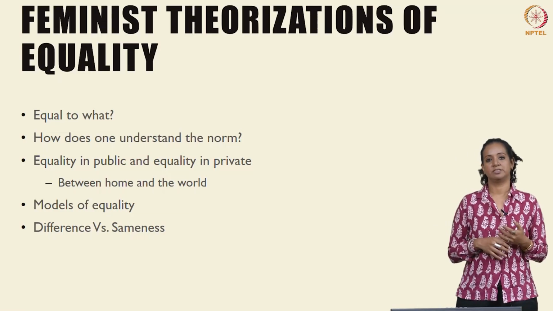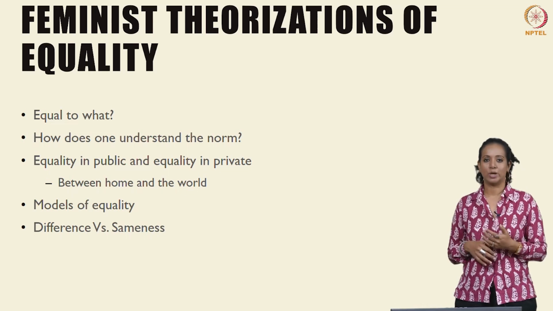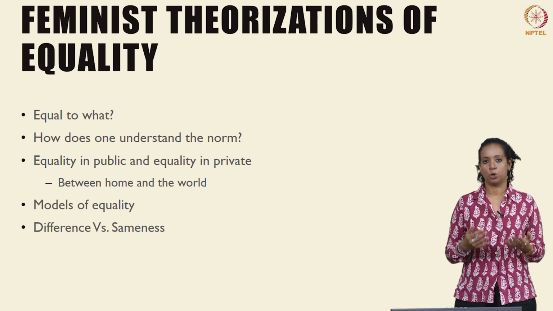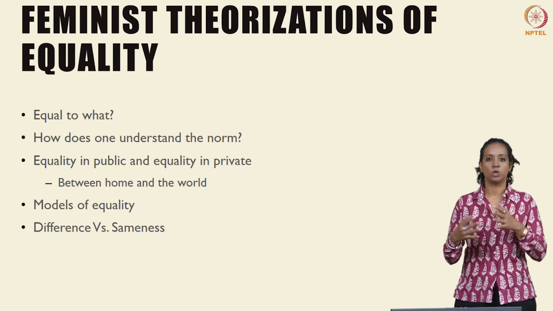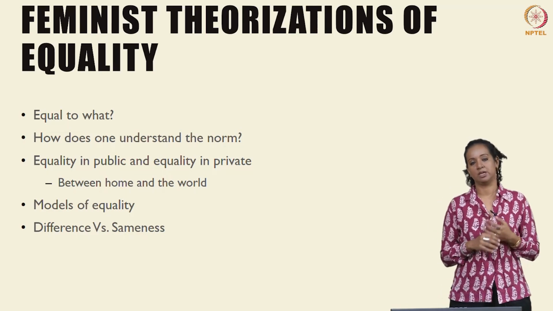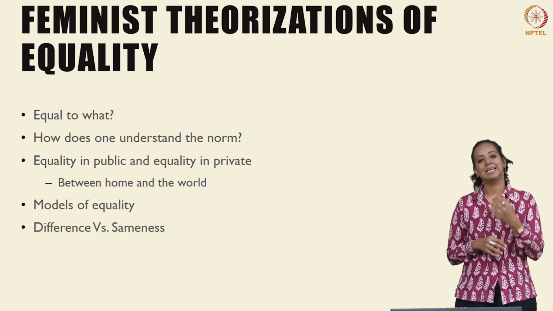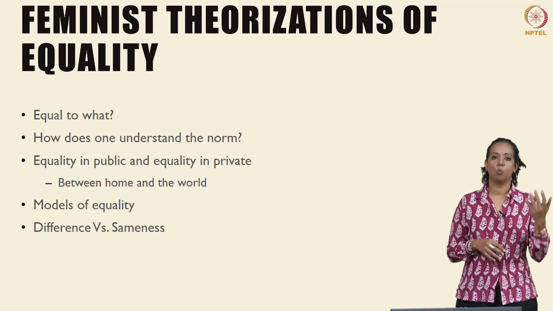Under feminist theorizations of equality, here are a couple of concerns and questions. When we say equality, the common understanding is, of course, we know what equal means: the same. However, in feminist theory, we ask very specifically in relation to men and women, equal to what?